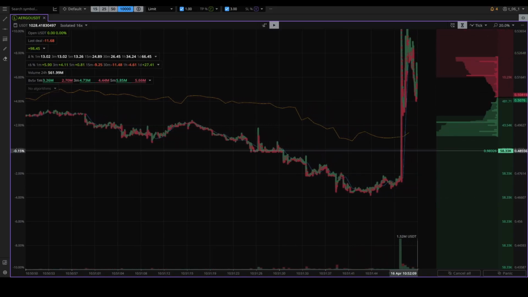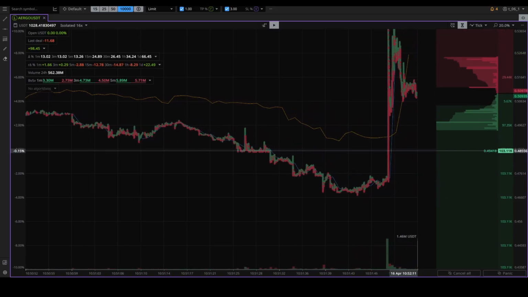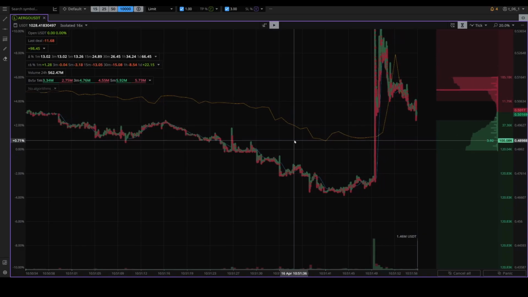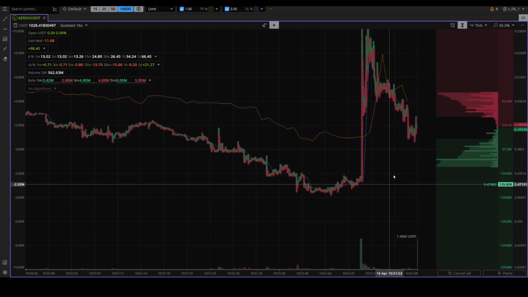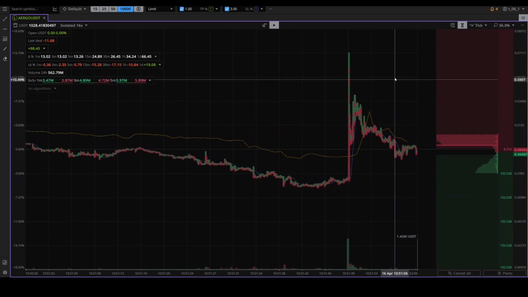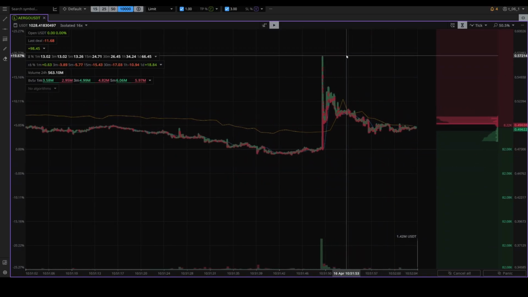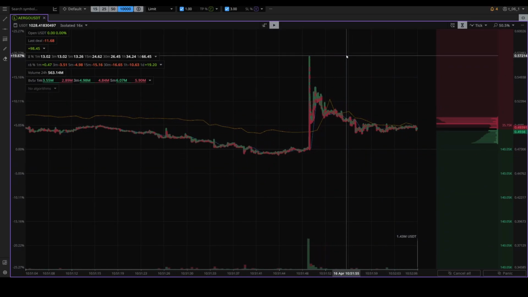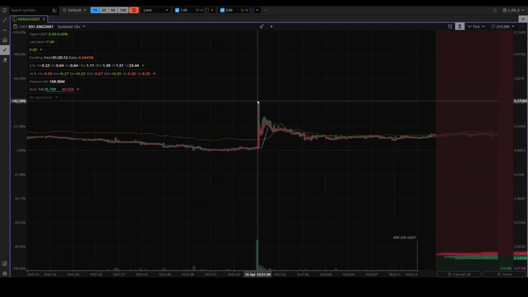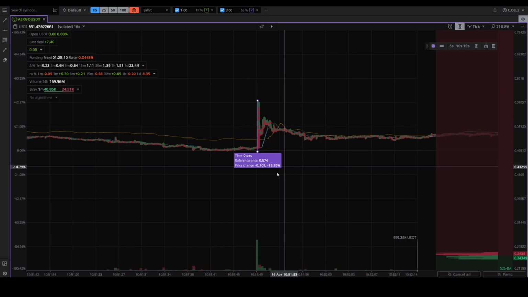But basically it went really wild, and if I was trading anywhere near here, I would have been wiped out really badly and lost all the 600 or 700 USDT that this coin brought me. Yeah, it's actually 18%, exactly as I remember, if you measure it with the ruler here.